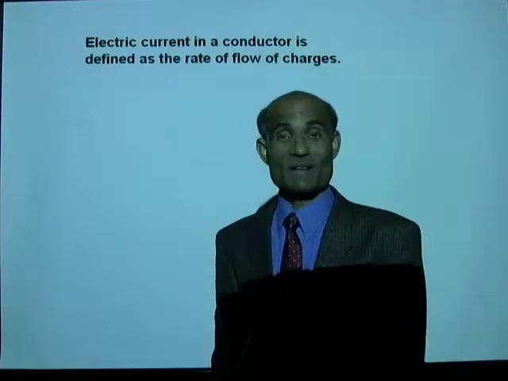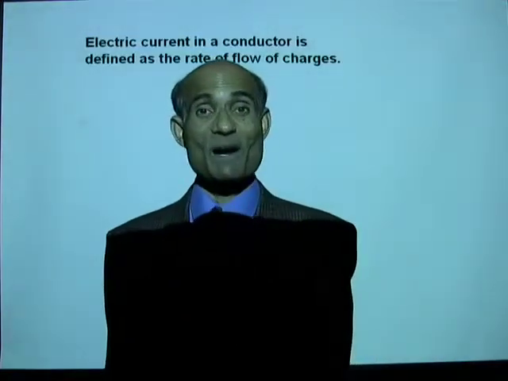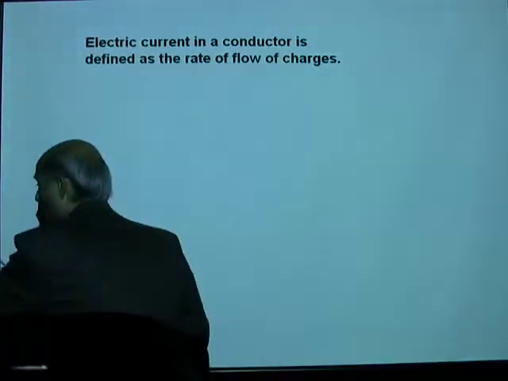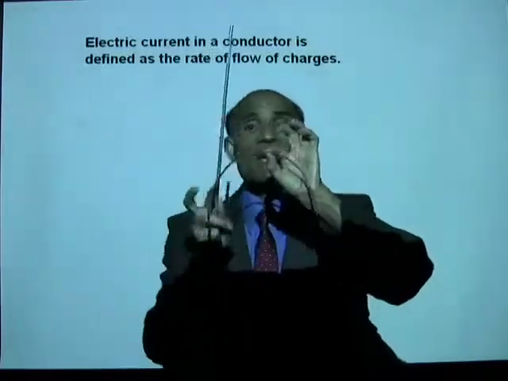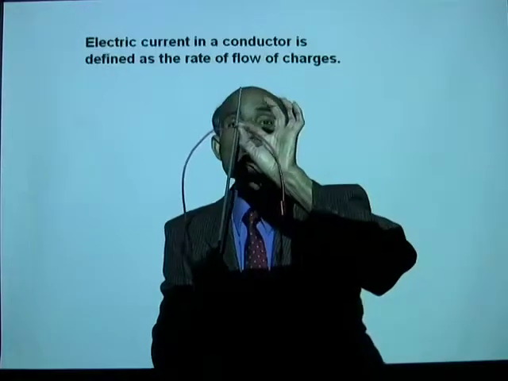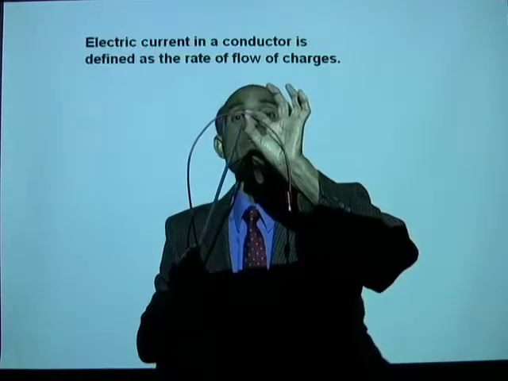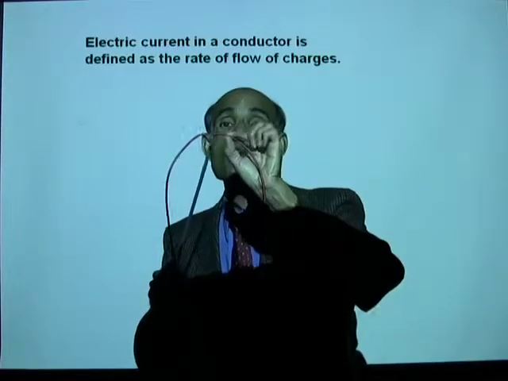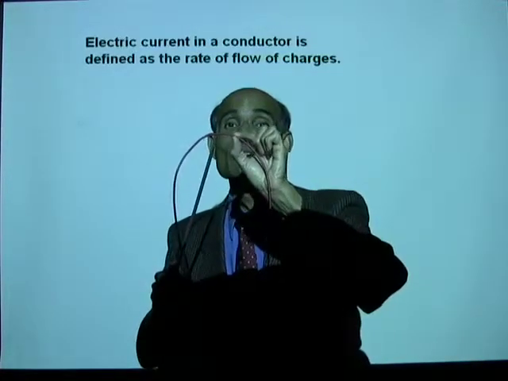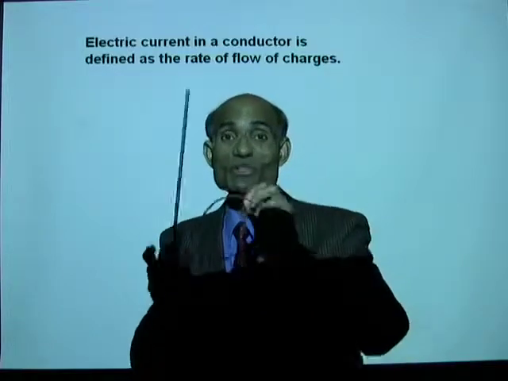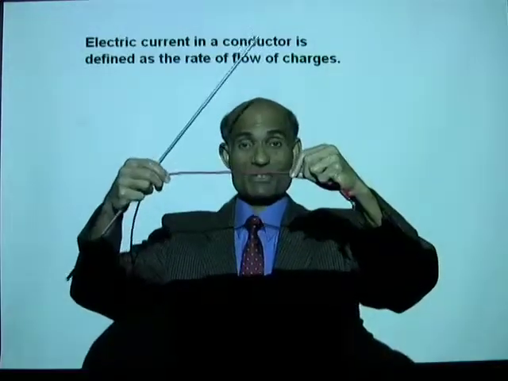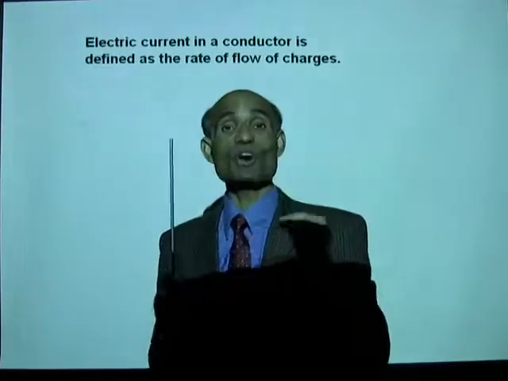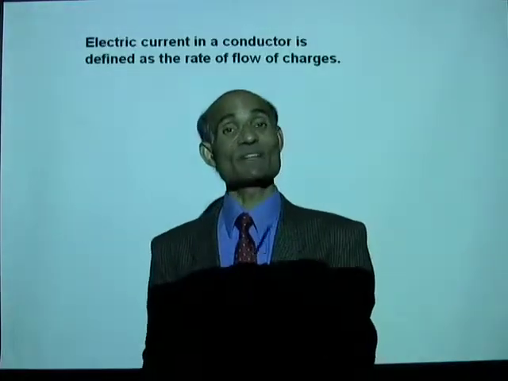Electric current. How do we define electric current? Now, that means if you stay at one point of the conductor, you can see there will be a certain rate at which electrons will be crossing that particular point. So electric current in a conductor like this is the rate at which electrons flow across any section of that conductor.